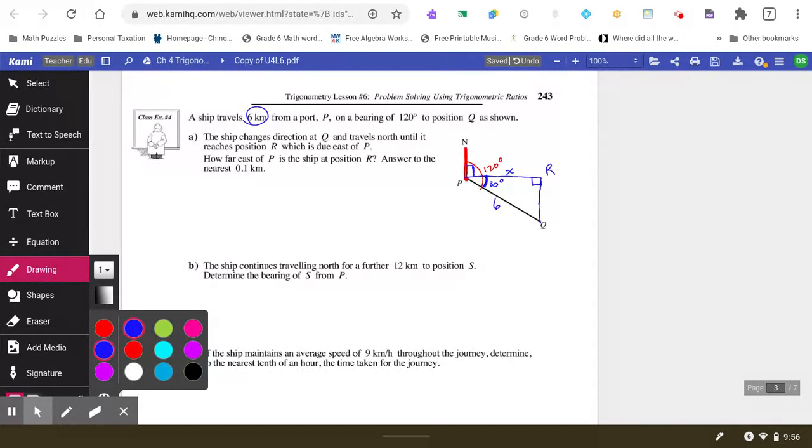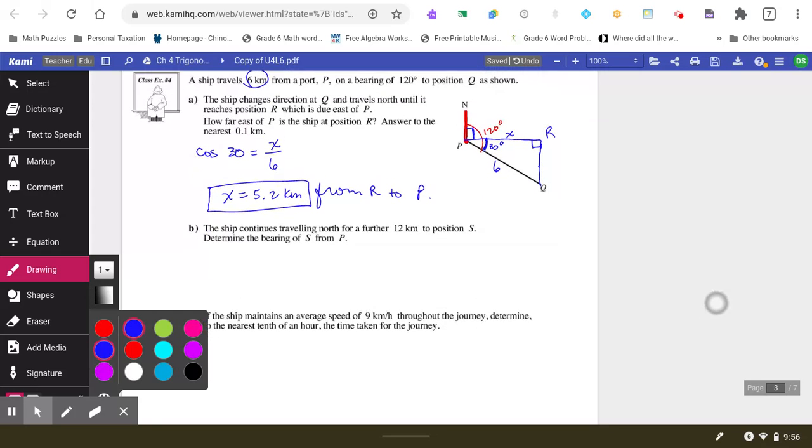So now, as soon as you have your picture, life is good. I'm looking for the adjacent. I have the hypotenuse, so I'm going to go cosine of 30 is equal to the adjacent over the hypotenuse, cross multiply, and you'll get x is 5.2. That's how far it is from R to P. I could call this kilometers here.